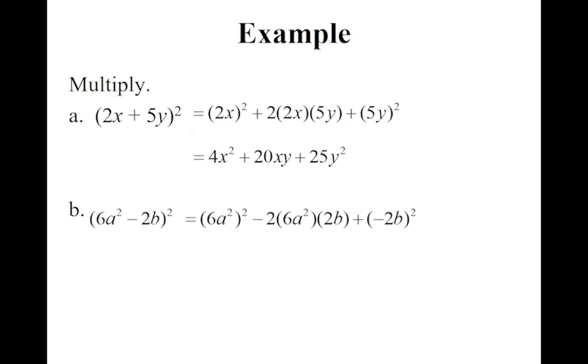When we square 6a squared, we get 36a to the fourth. Negative 2 times 6a squared is negative 12a squared, times 2b is negative 24a squared b. And then plus, when we square negative 2b, we get 4b squared.